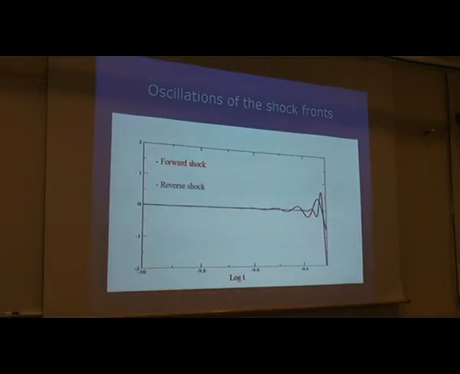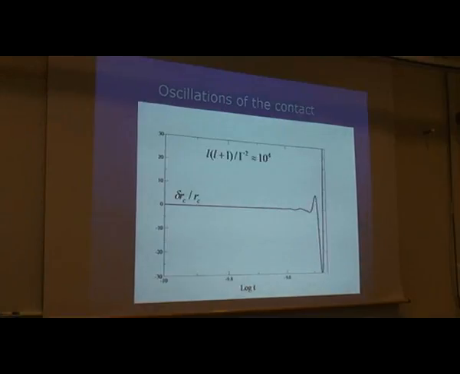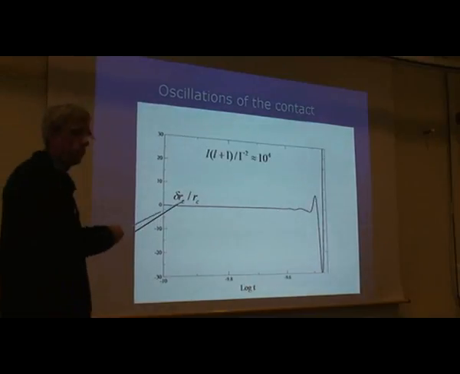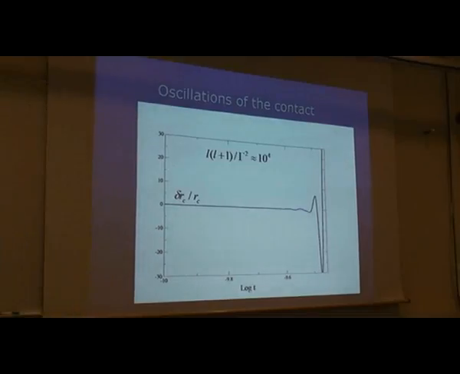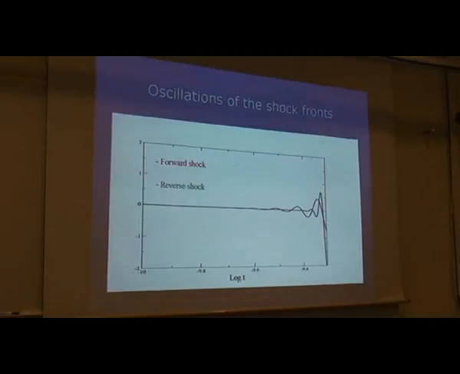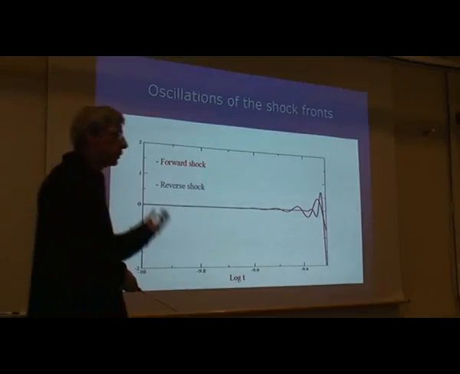What are you showing here exactly? This is just for the forward and reverse shocks, because if you put it in the same plot, you just don't see it. So the distortion of the shock becomes significant for sufficiently high order modes quite early on.